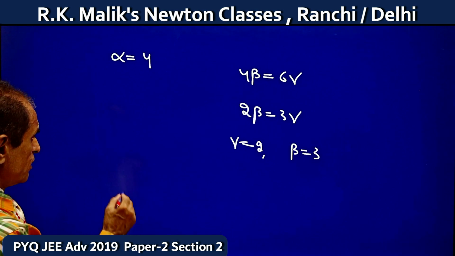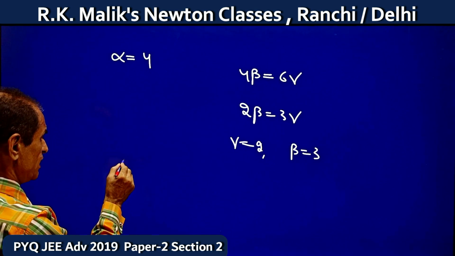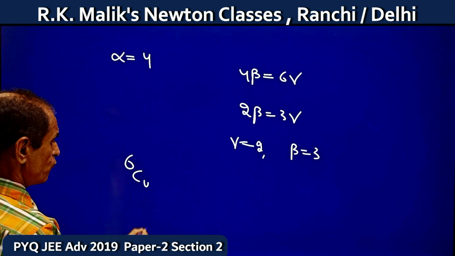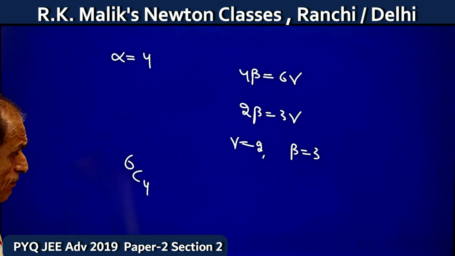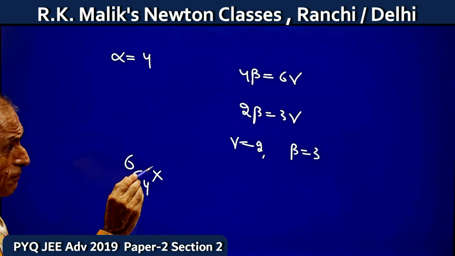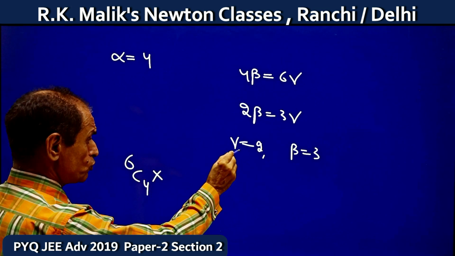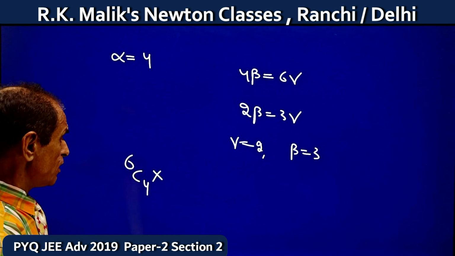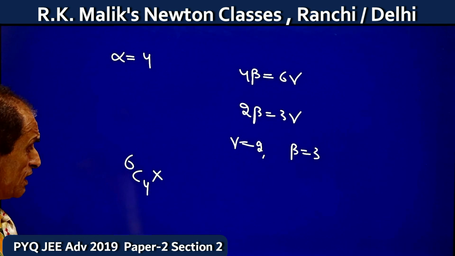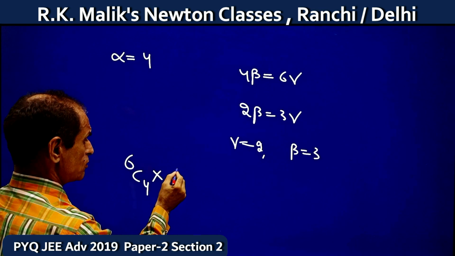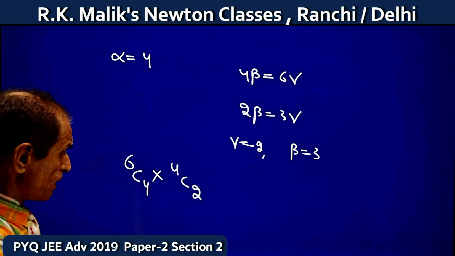And for alpha 4, beta 3, gamma 2, number of ways in which the set A and B can be made are, for making the set A, I will choose any 4 elements from 6 elements. And for making the set B, I want to have 3 elements, out of which 2 elements must be from the 4 elements of the set A that I can choose in 4C2 number of ways.